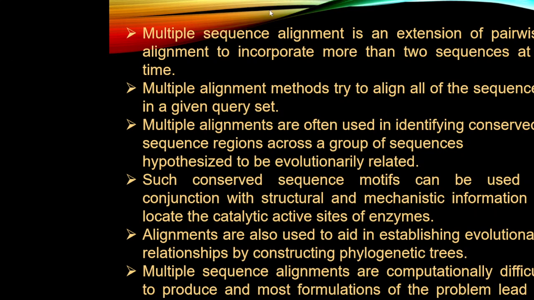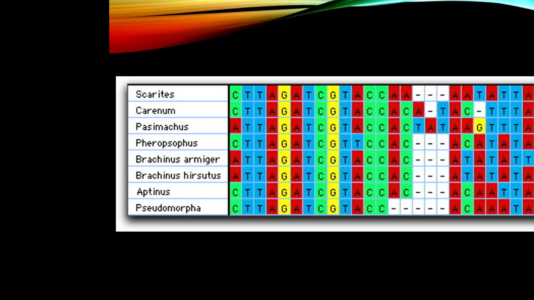Multiple sequence alignment is basically an extension of pairwise alignment, and the only difference is that there are more than two sequences. That is the basic difference between pairwise alignment and multiple.